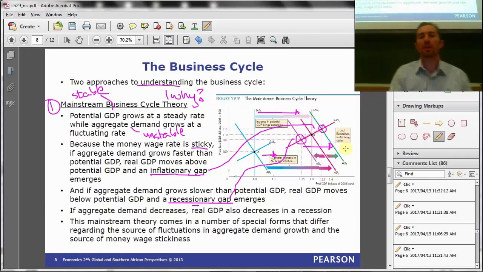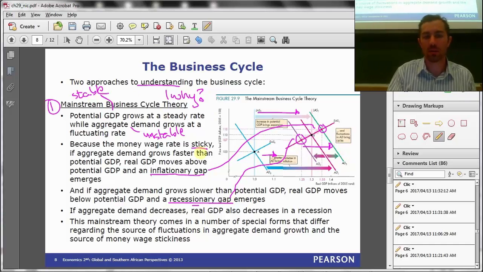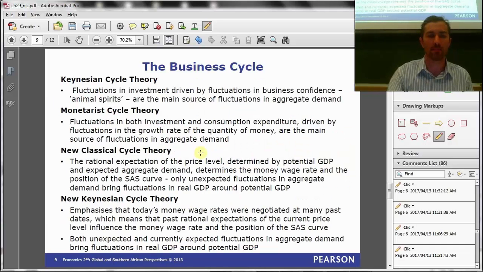So the question, in terms of the mainstream business cycle theory, is why is aggregate demand relatively unstable? Why does it sometimes increase a lot and sometimes it doesn't increase a lot and sometimes it goes backwards? What's the story here? Within the mainstream business cycle theory, your textbook distinguishes between four reasons why the aggregate demand curve is a little bit more unstable.